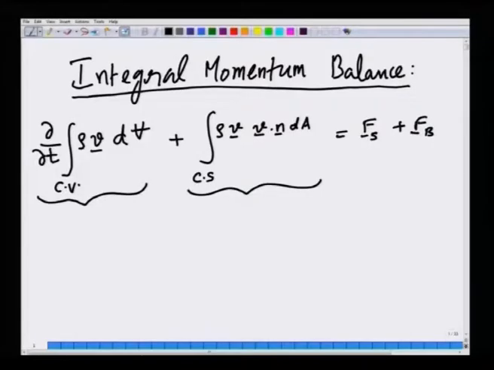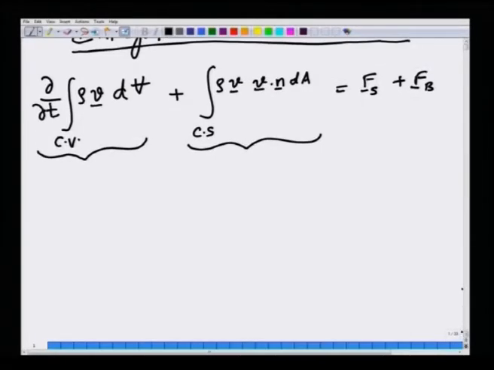So, it comes with experience and some judgment as to which is the most appropriate control volume for a given problem. But even if we do not hit the most appropriate control volume, as long as the steps are done correctly, the answer will remain the same.